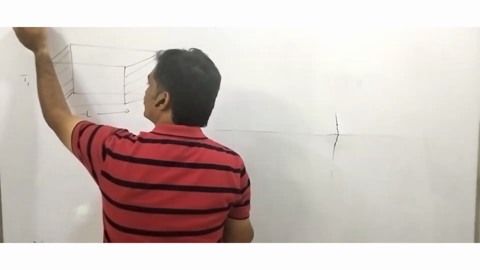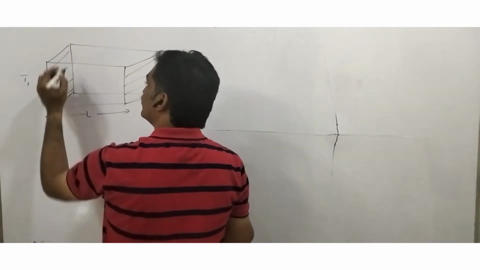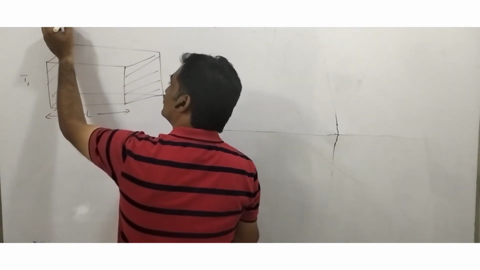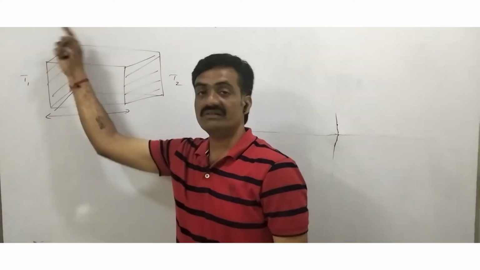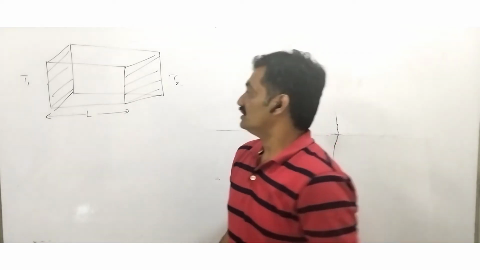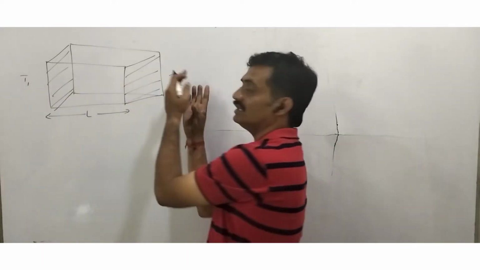Means at this end the temperature is higher as compared to the temperature at this end. So T1 is greater than T2. This is the hot end and this one is the cold end.